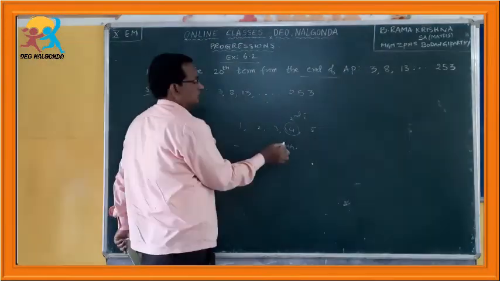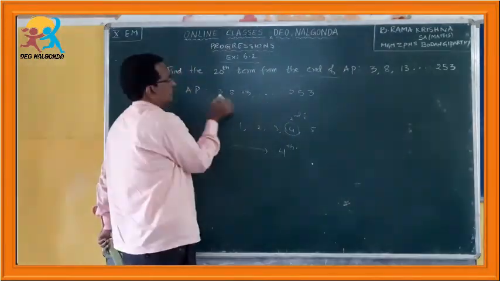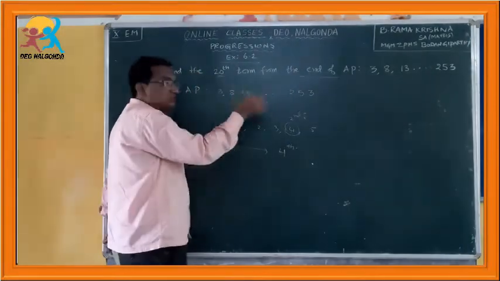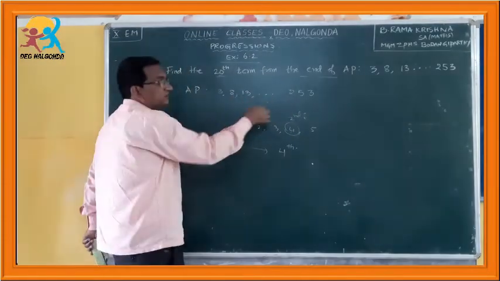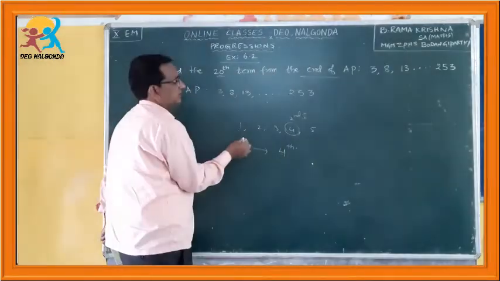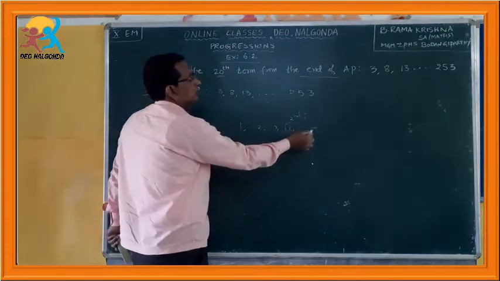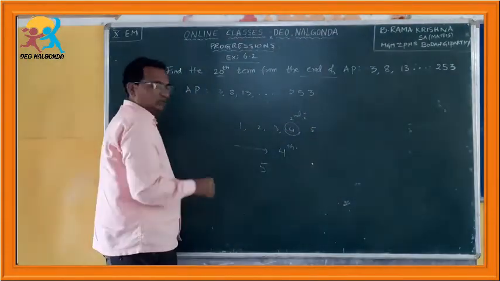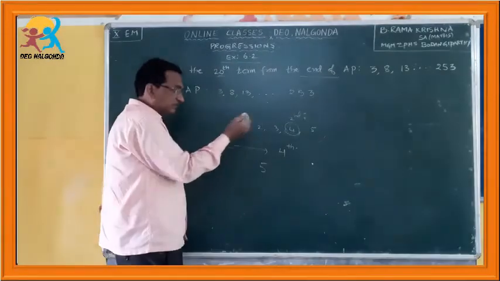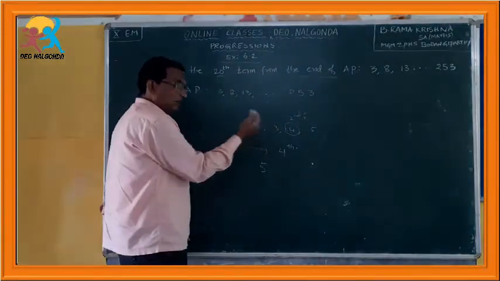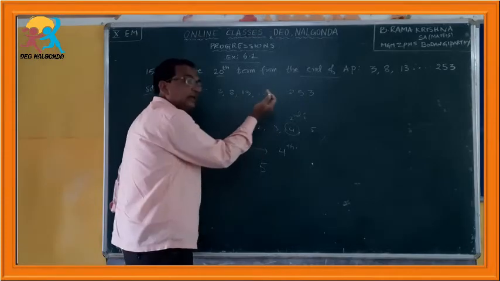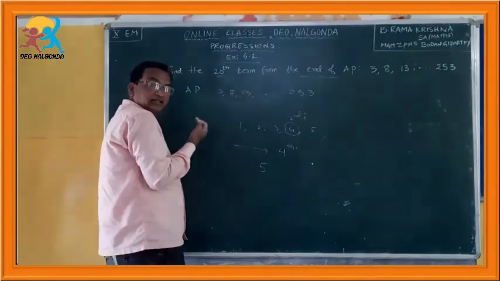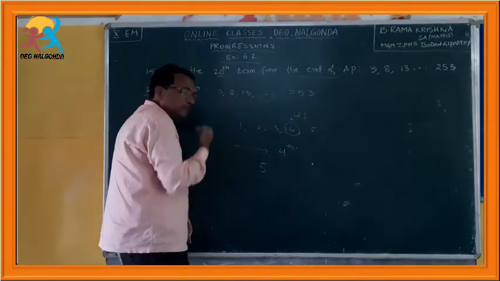So, if we have to find the number of that 20th term from the beginning, how to find it? Let us take this example. Here 5 terms are there. Out of the 5 terms, I want the second term from the end. For that, I calculate what that term is from the beginning.